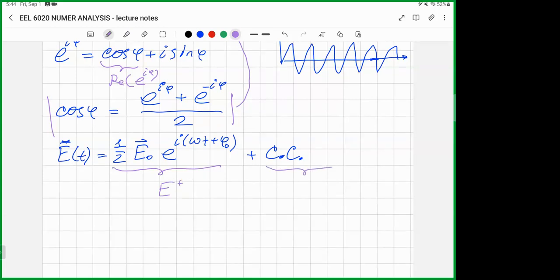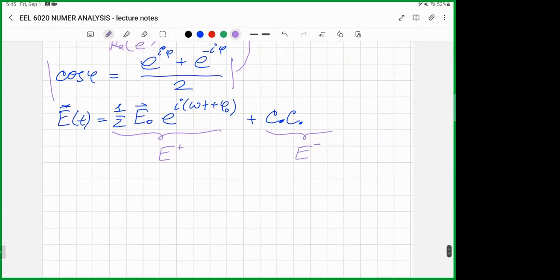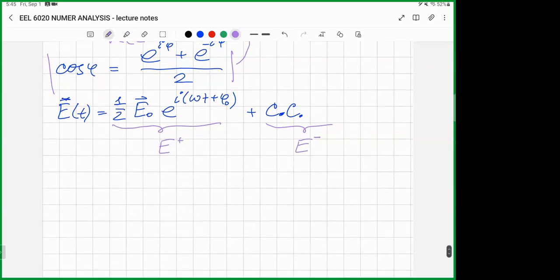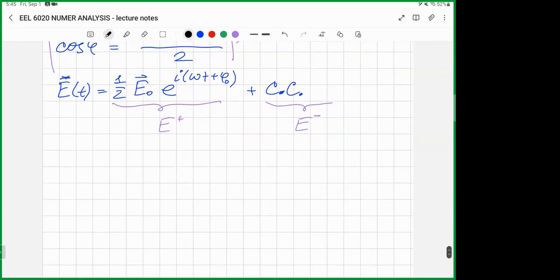And this one will give us minus I omega t, which is essentially the minus omega term. So it's E minus. And for the analysis, we can write just one part of this formula, E plus, and that is sufficient for all the calculations. So let me show you that.